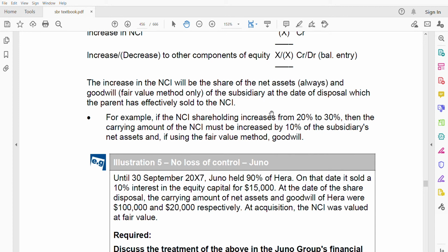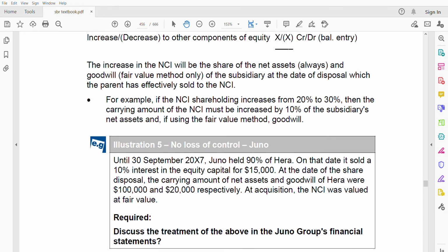If the NCI increased from 20 to 30%, that means the carrying amount of the NCI must be increased by 10%. So the subsidiary's net assets, if using the fair value goodwill method. So you have to understand that if NCI increases, your goodwill also will increase, because you are using NCI to calculate goodwill.